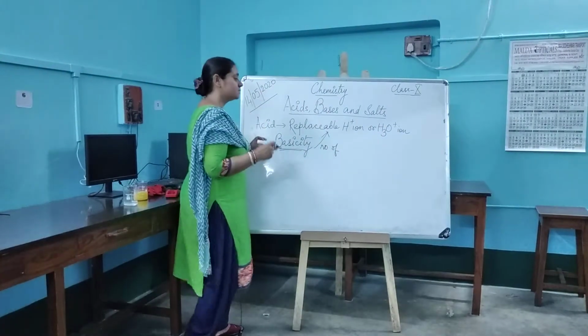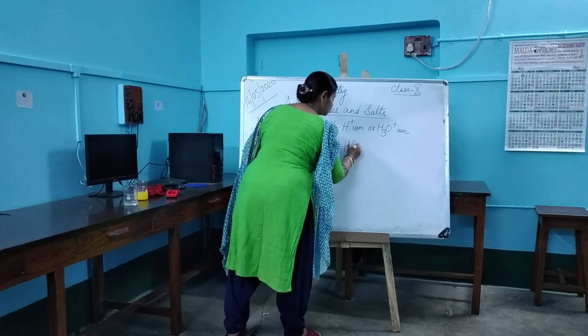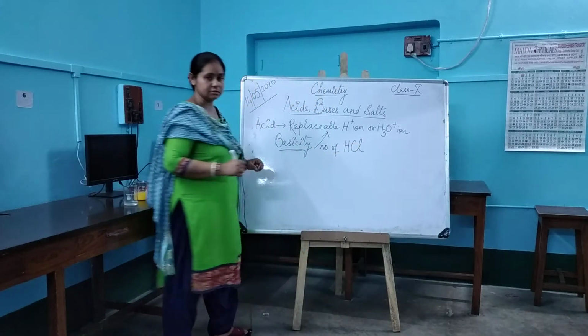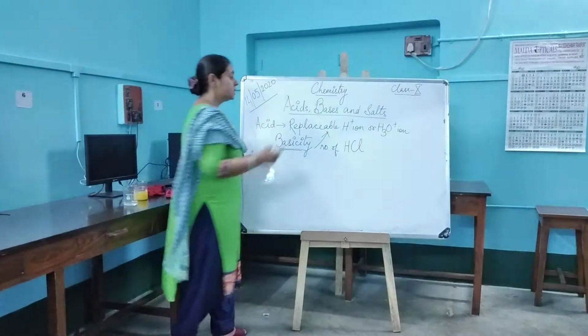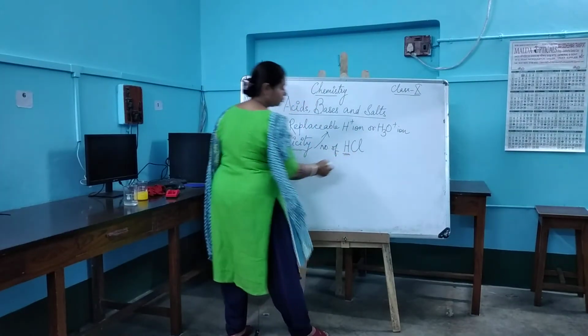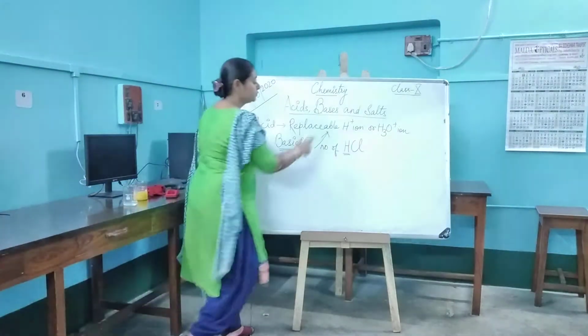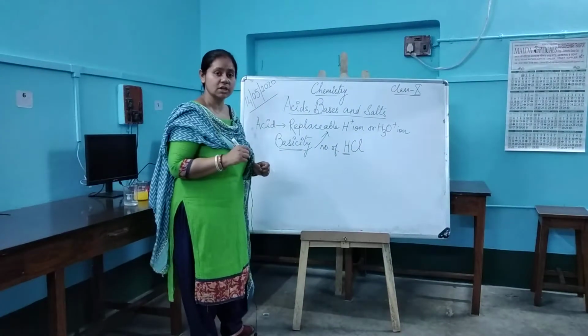Let us see one example for the acid. It is already known to you, hydrochloric acid, HCl. How many replaceable hydrogen atoms are there in this acid, children? Only one. Yes, very good. So only one hydrogen atom is present.